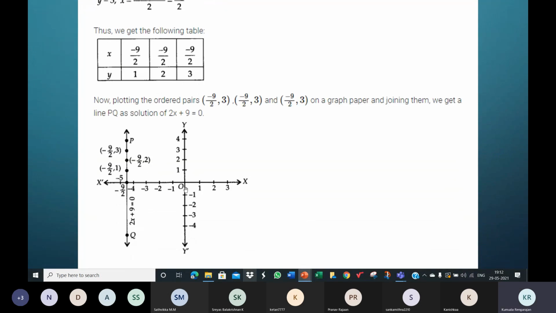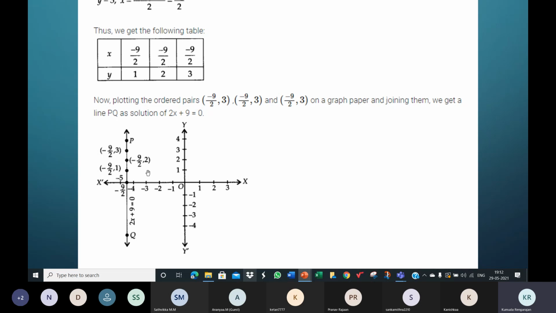This is minus 4, minus 5, this is minus 4.5 comma 1. This is minus 4.5 comma 2. And this is minus 4.5 comma 3. Join the 3 points to get the straight line.